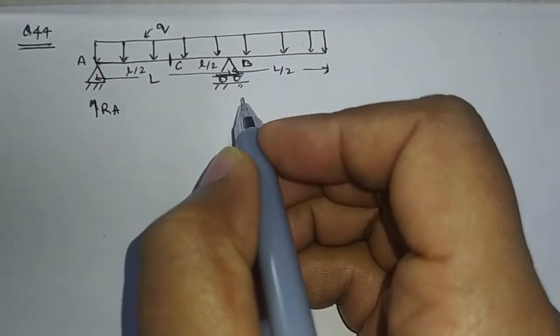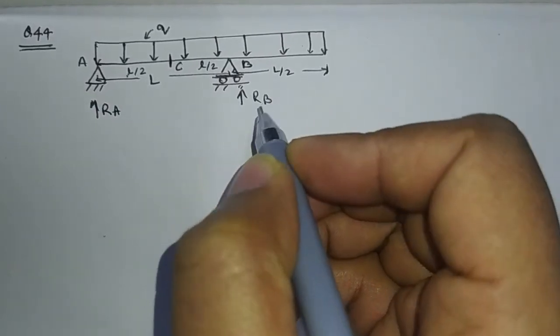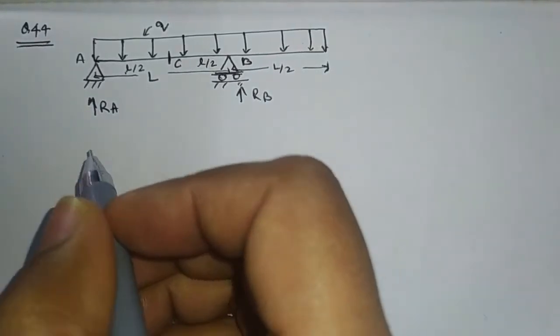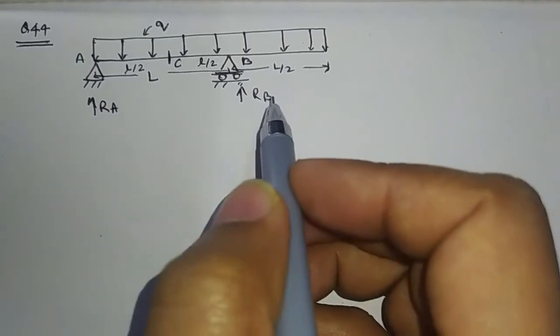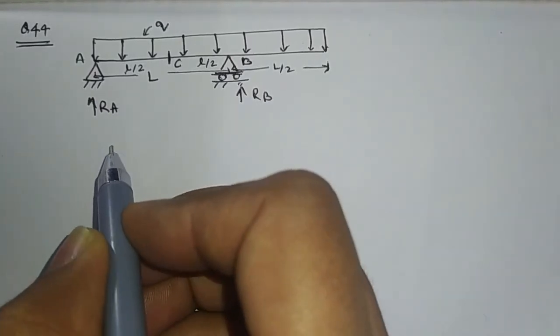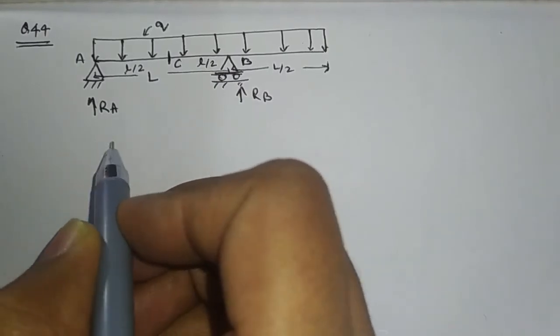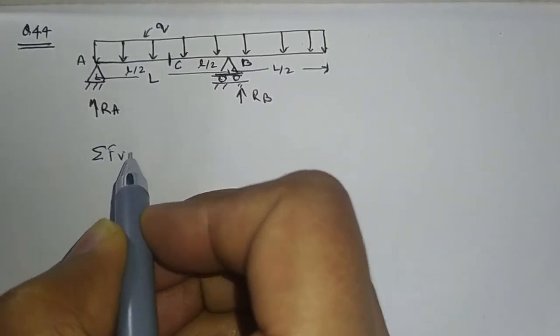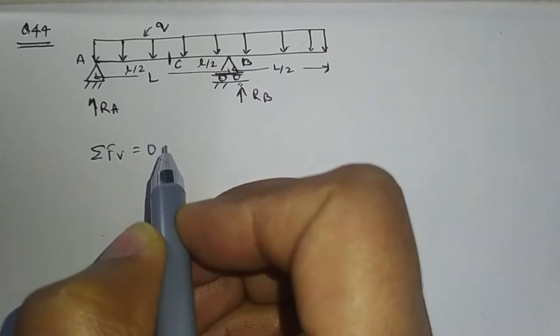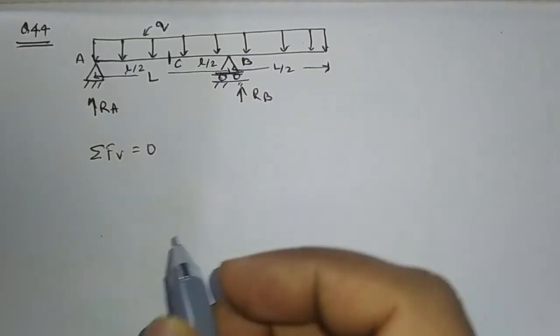Let RA and RB be the support reactions. For finding the values of RA and RB, we have to use the equations of static equilibrium. So the summation of all the forces in vertical direction is equal to 0 for a statically stable beam.